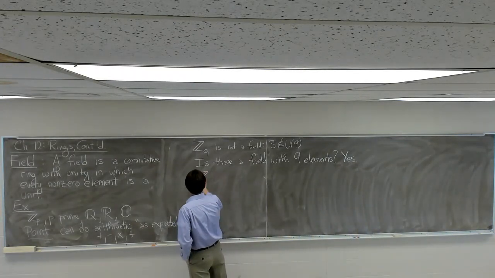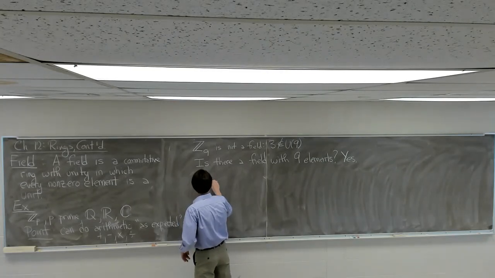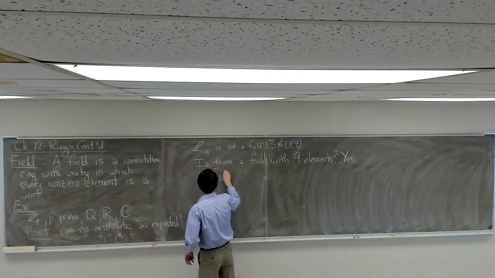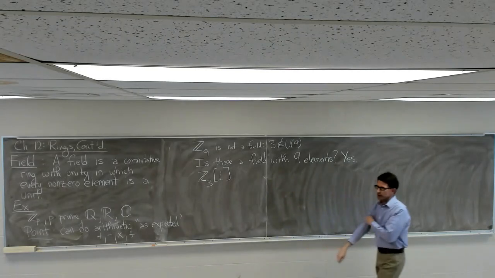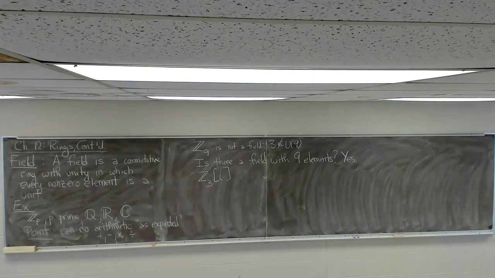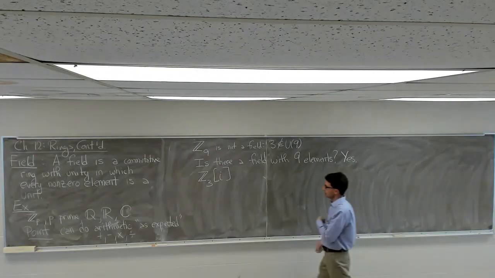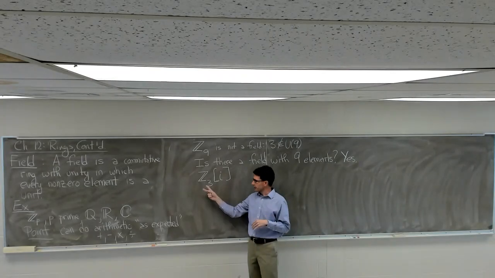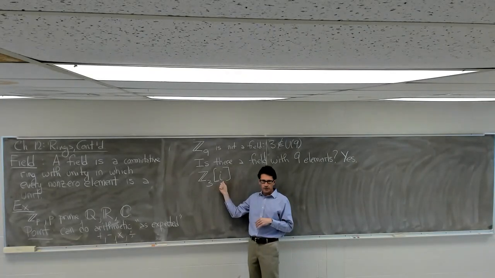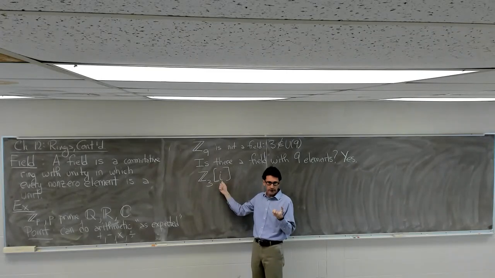All right, so the example here is what's denoted on the handout with this notation. Basically what we're going to do is take the Gaussian integers that we wrote down last time, and switch the arithmetic now to be mod 3. We will multiply and add using the same rules, but now the addition and multiplication will be mod 3, and then we're adding in this i, which we're thinking of as a square root of -1.